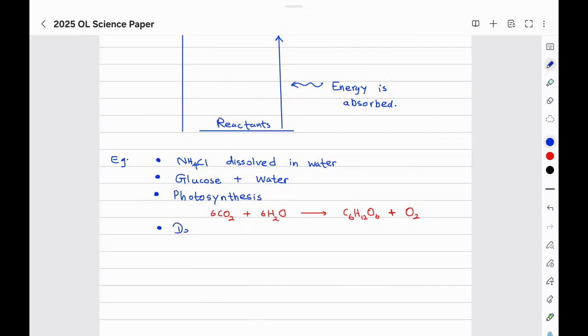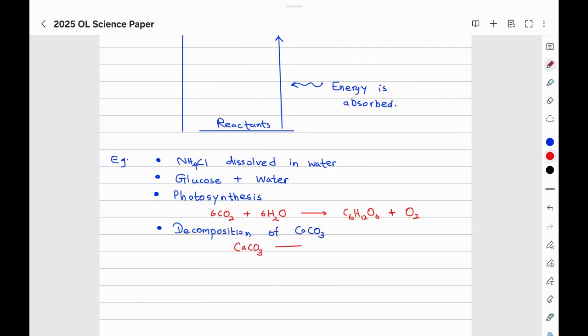Then we can say decomposition reactions. Remember students, 95%, I would say 97% of decomposition reactions are endothermic. Generally, decomposition reactions are endothermic. Decomposition of calcium carbonate, let me write down the reaction also.